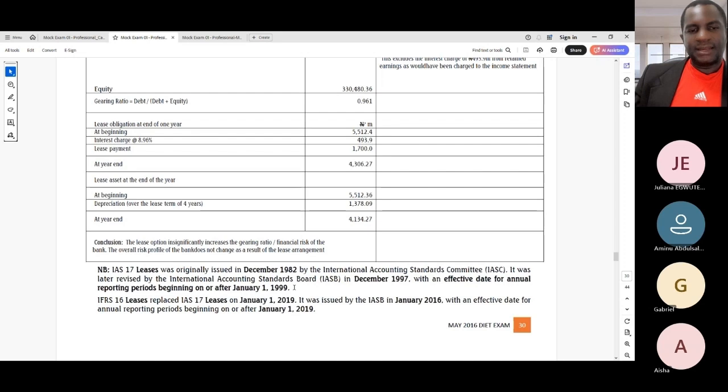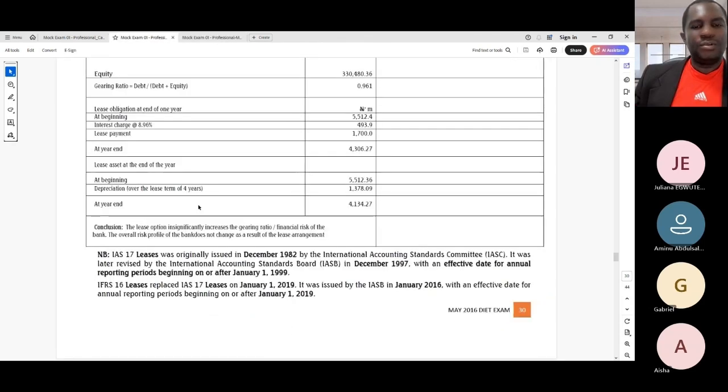It expired in January 2019. So IAS 17 stopped December 2018, and IFRS 16 took over January 1, 2019. This is for your information and future reference in case he tests it in May 2025.